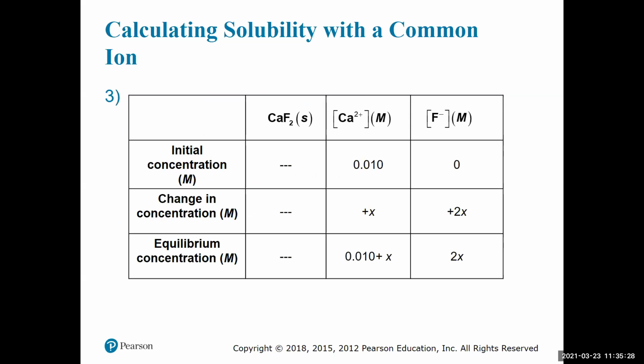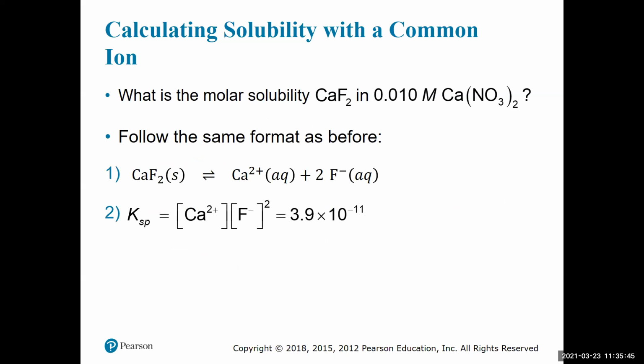So then let's see what our change is. We're going to have some change. That's the dissociation of the calcium fluoride. So that's plus X for the calcium and plus 2X for the fluoride. The 2X comes from the stoichiometry of our reaction: 1 mole calcium, 2 moles fluoride.